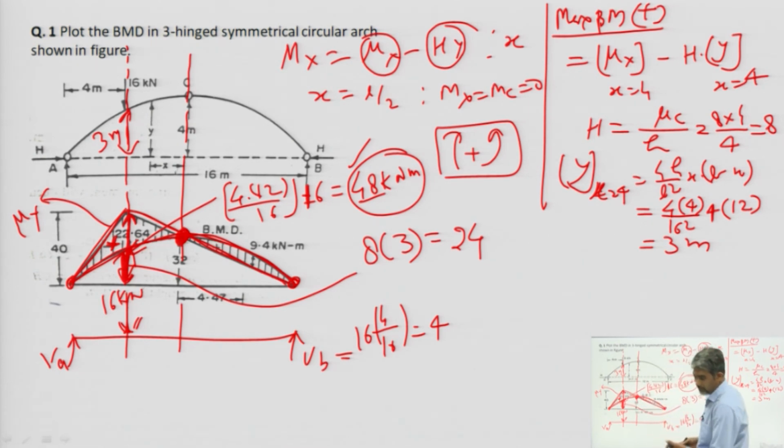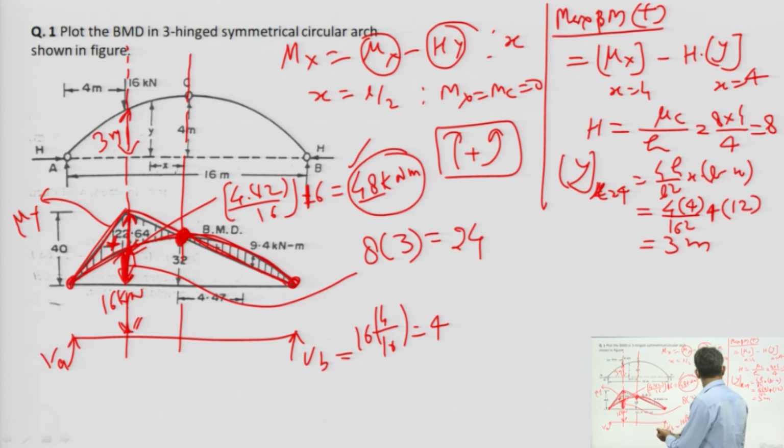H is 4, divided by 16, multiplied by 4 into 16 minus 4, 12.